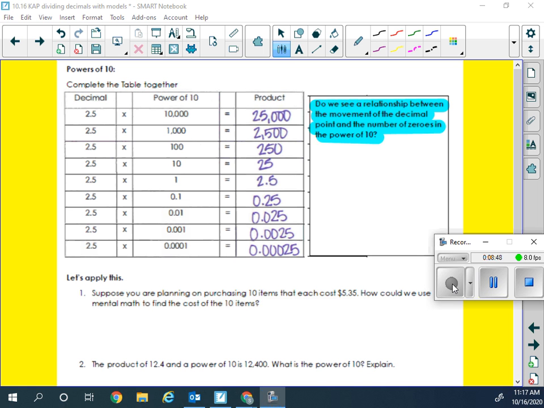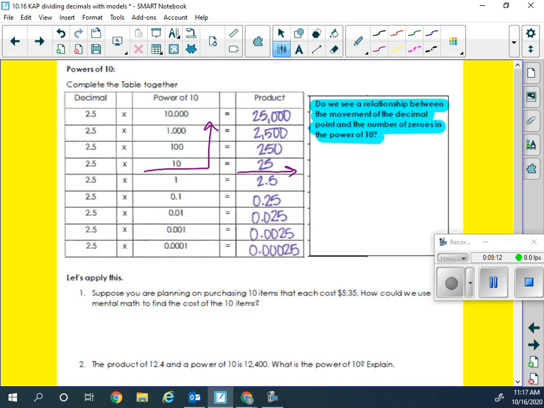I see like when it's not a decimal, it's just a whole number, the decimal moves to the right, and the decimal moves to the left. Okay, so she's saying on all of these, every time the decimal moved, see it was 2.5, it was moving to the right.